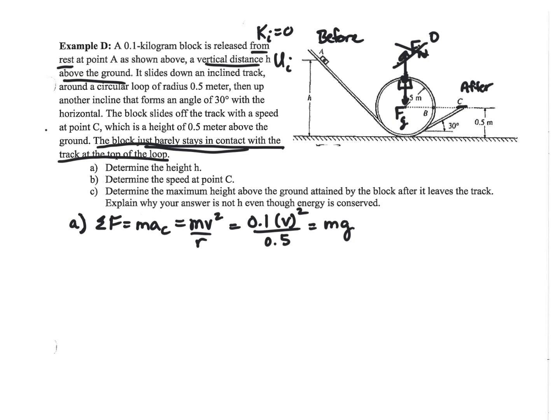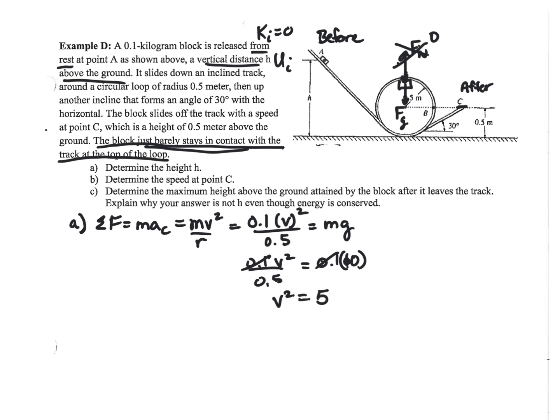Now we can take 0.1 v squared over 0.5, set it equal to 0.1 times 10. This 0.1 and this 0.1 go away. So we get v squared equals 5.